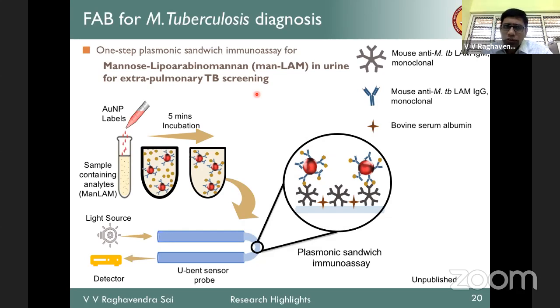So many advantages. The only problem is that LAM is present in a wide range of concentrations, from 1 femtogram to all the way to 1 picogram. It varies from person to person. So one has to devise for this.